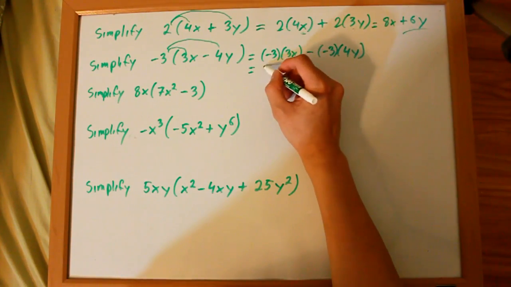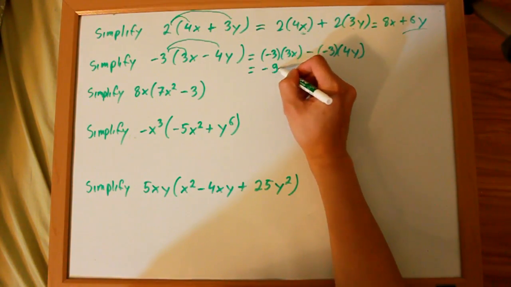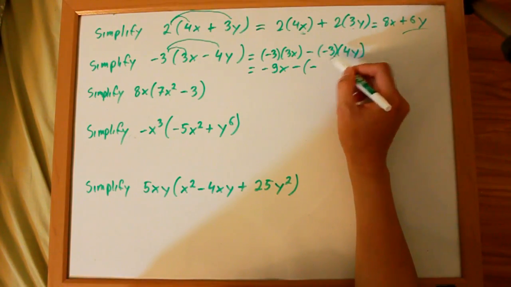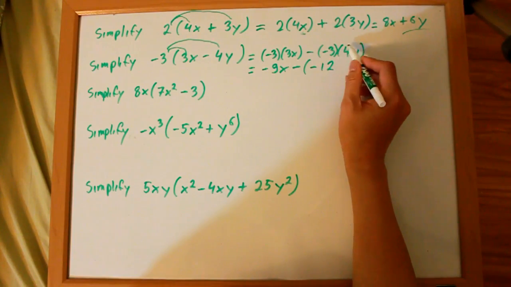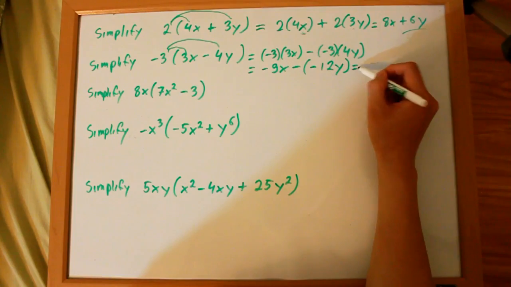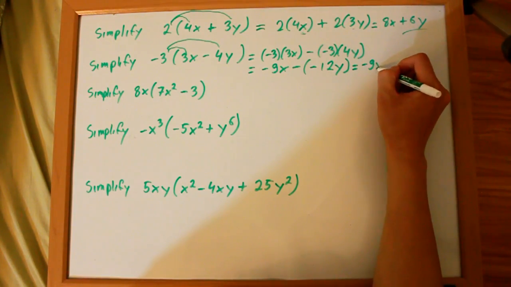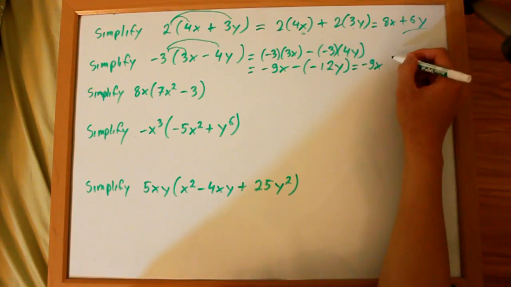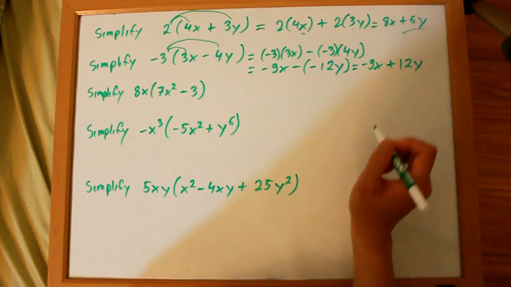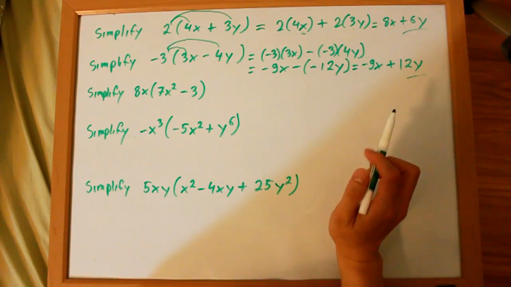So here we have negative 9x minus negative 12, 3 times 4y. So what that looks like is negative 9x, negative becomes positive, plus 12y, and that's our answer.